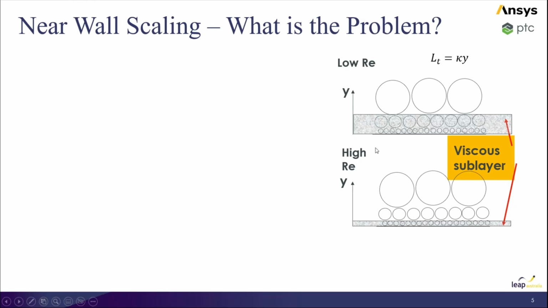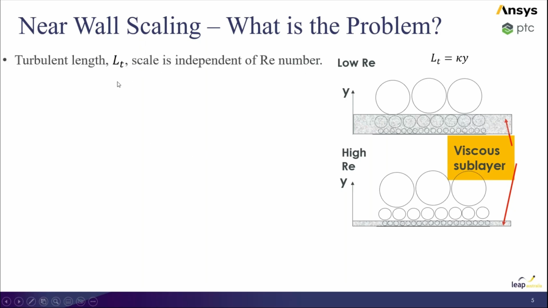As our Reynolds number increases, this viscous layer where all the damping is occurring gets smaller and smaller. Typically, our large scale eddies stay about the same because they come from the size of the geometry. But as we go up in Reynolds number, we need to resolve more and more of this. So you can see we need a finer and finer mesh.